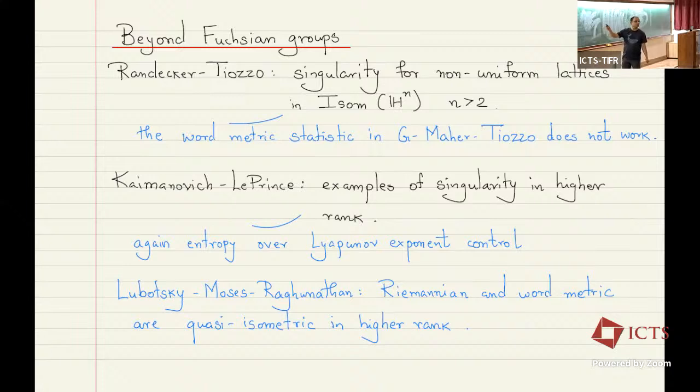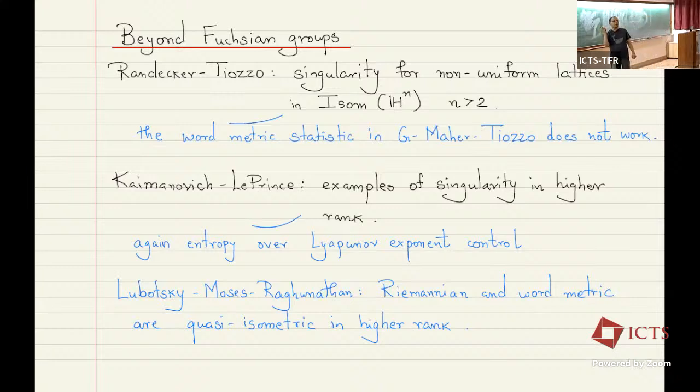there are examples of singularity produced by Kaimanovich and Leib-Prinz, and it's again using this idea of taking the Hausdorff dimension of the limit measure on the flat space and expressing it as some kind of entropy over a suitable expression of Lyapunov exponents. And then again, you make the Lyapunov exponents blow up while keeping the entropy the same.